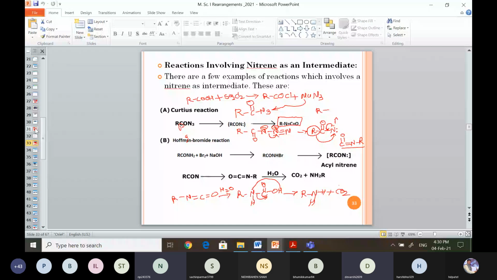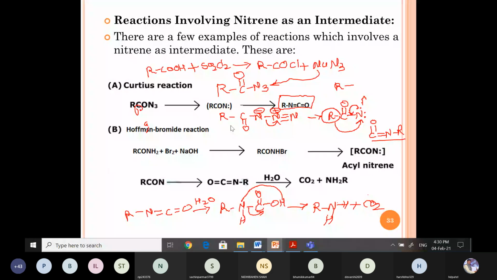So RCON3 we can write in this form, RC double bond O, N minus, N plus triple bond N. And then by removal of N2, nitrogen gas is removed.